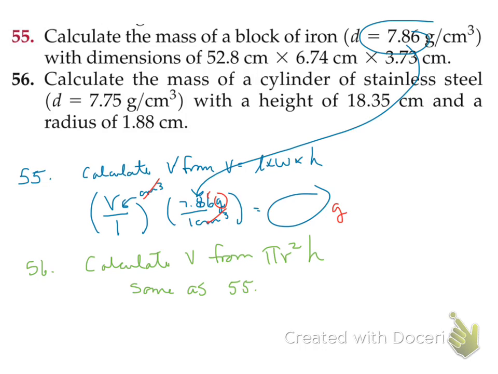So you knock out the volume, and once you have the volume, it will be in cubic centimeters again. Then you pull in its density, which is 7.75 grams per cubic centimeter, and come up with grams. Okay, that's all I got.